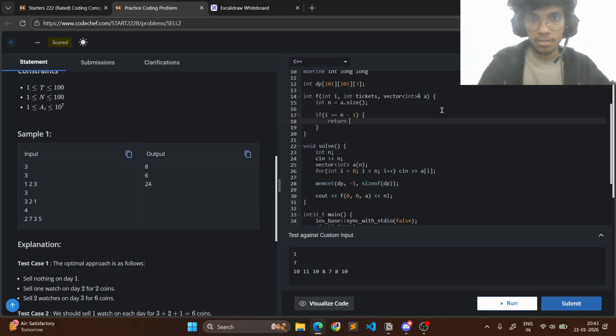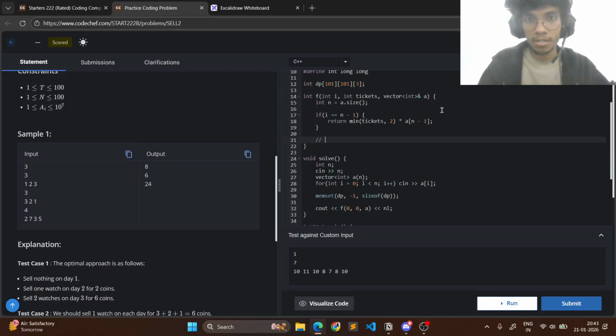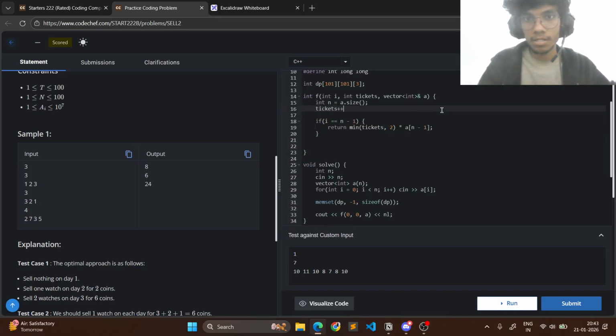So return a of n minus 1 and 2 tickets, so min of tickets and 2. Okay, now we have 3 options. So for the first, increment tickets by 1. Or we can do 1 over here, let's not do that.